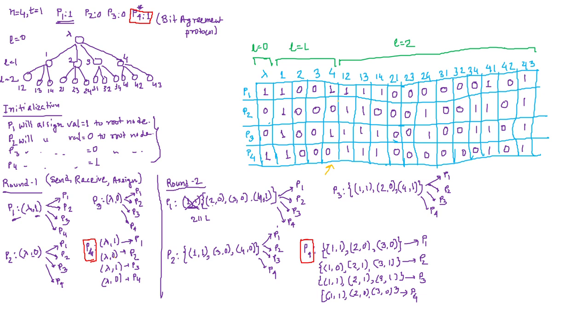Similarly, the node label 1, 2, the particular label or tag 1, 2 does not involve the corrupt party ID 4. So all the entries in this column are consistent. Same is the case for 1, 3.